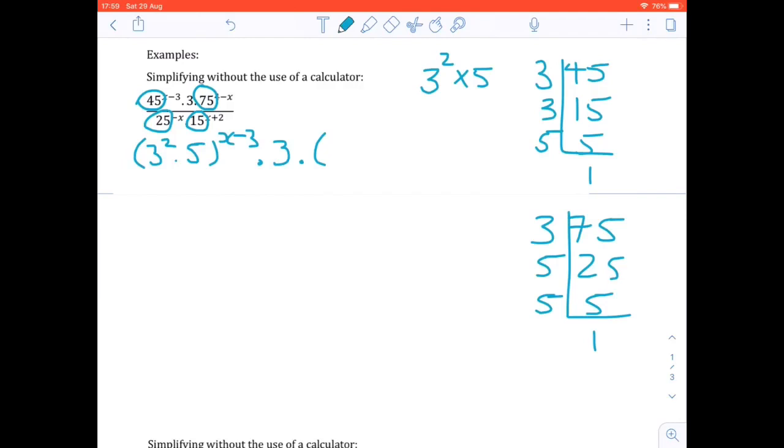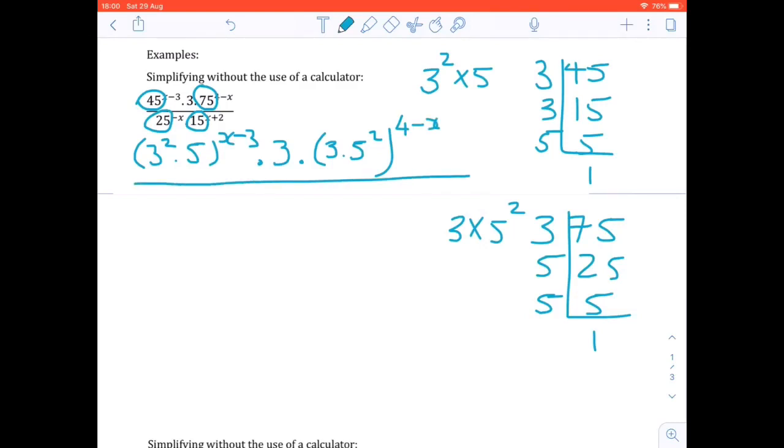That's a factorizing button which will put any number into a product of its prime factors. So if you put 75 equals and then you push the fact button, it will give you this, 3 times 5 squared. So that's what we put in this bracket, 3 times 5 squared, and then we leave the exponent on the outside, 4 minus x.